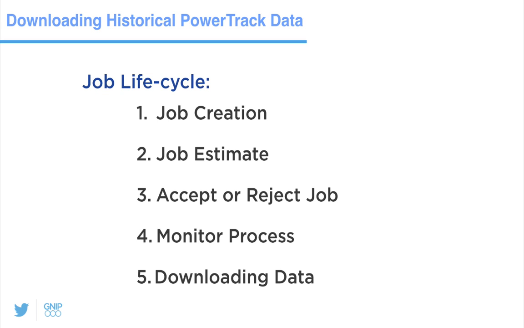As part of the process, after a job is created, there is an estimate provided of how many tweets are available, as well as the size of the download and how long the job should take to complete. Based upon that, users have the option to accept or reject the job. Once a job is accepted, there are API calls which let you monitor the progress of that job. And finally, the last step, which we're discussing today, is downloading the data.